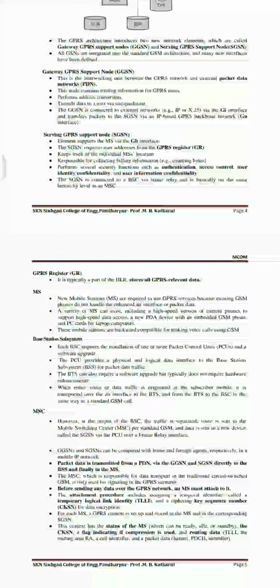The mobile station is nothing but the device which is used by different users for data transmission. Whichever device the user uses for data transmission, that mobile station is required to use all the GPRS services, because existing phones do not handle the enhanced air interface or packet data network.